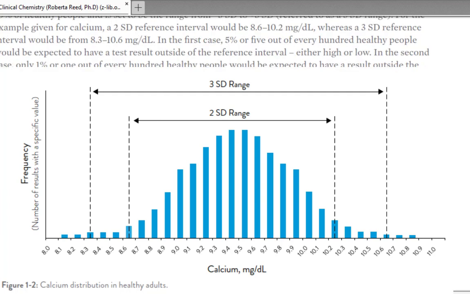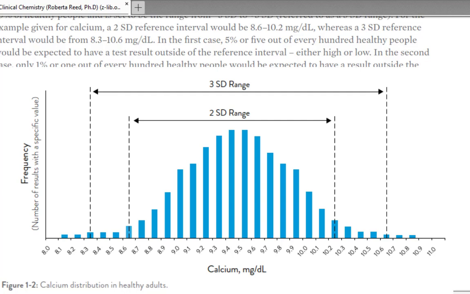Many analytes, however, don't demonstrate a normal distribution in healthy population values and may be skewed toward one side of the mean or have extreme high or low tails of values that distort the bell-shaped curve. In this instance, the reference interval can be estimated using non-parametric statistics that make no assumptions regarding the shape of the curve.